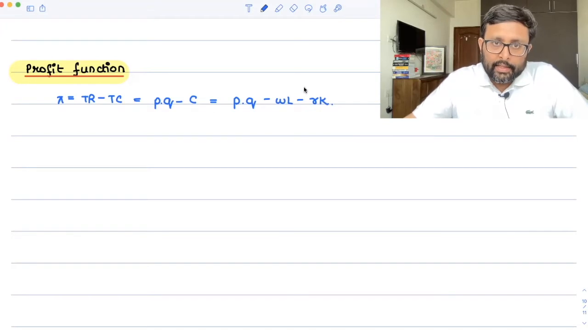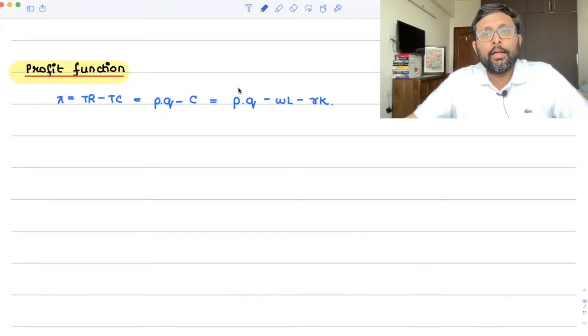Now, in this function, the only things which are under the control of the firm are how much inputs they want to make. Prices are given to you from outside. Input prices W and R, they are also given to you from outside. They are not under your control. You're the firm now, you're the producer. So the only things which are under your control are the amount of labor and capital which you can employ, right?